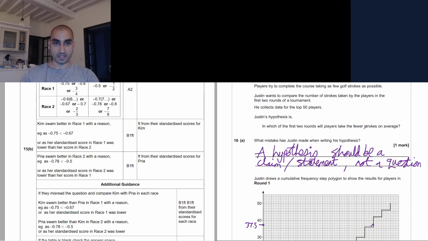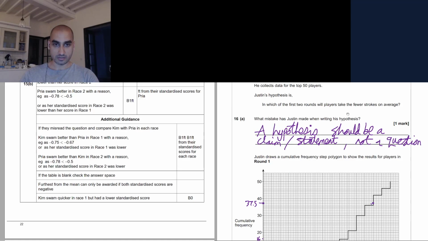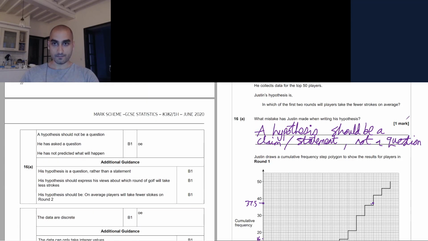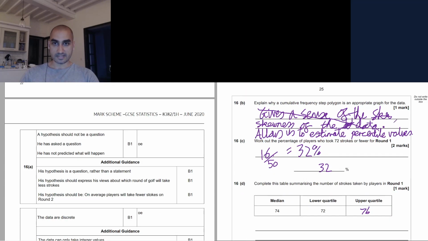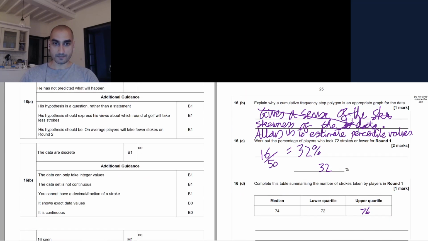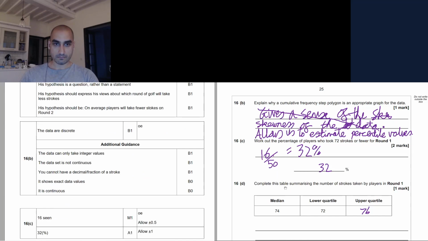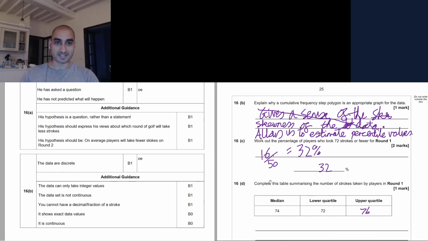Okay, 16. A. Hypothesis should be... Yeah. Allows us to estimate percentile values. Oh. The data is discrete.